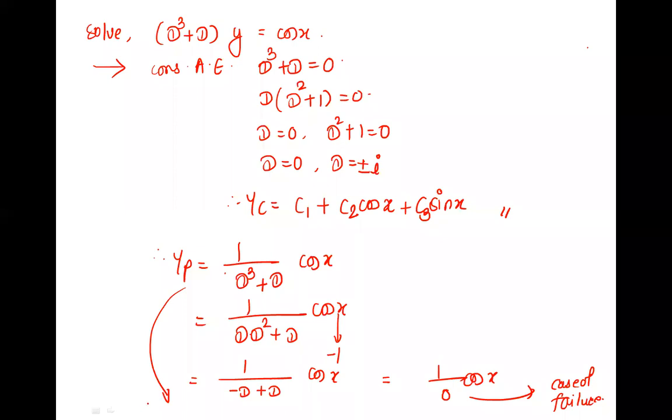So YP is x upon the derivative, which is 3D square plus 1, into cos x. Correct.